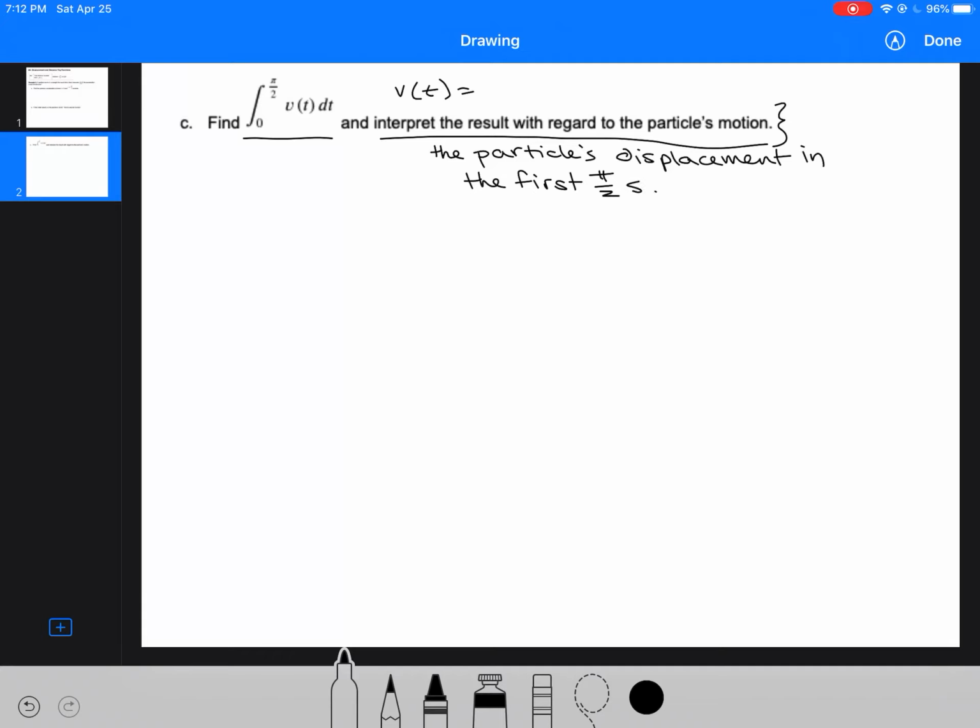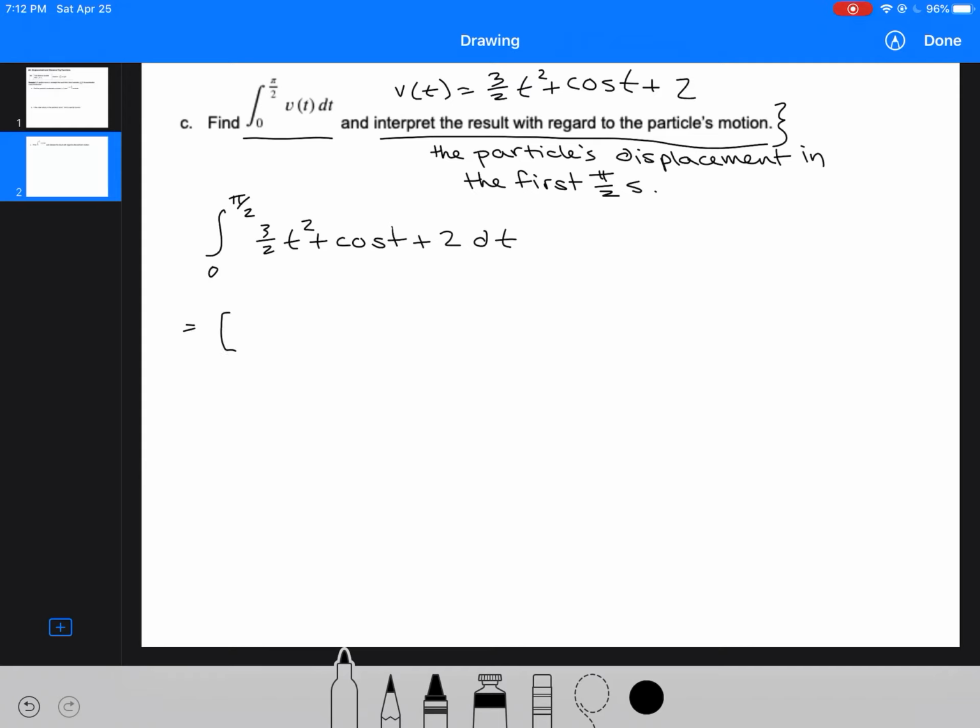So let's figure out what that is. We need our expression for the velocity from part B, and we're going to integrate it. So 3 over 2 t squared plus cos t plus 2, and we'll integrate each part.